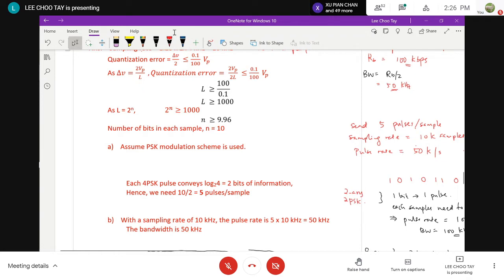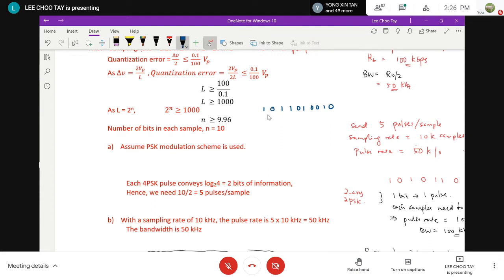Okay, let me explain further to help you visualize it. Let's say we have 1011, then 01, 1011, 00, 10, and let's say 10 again.